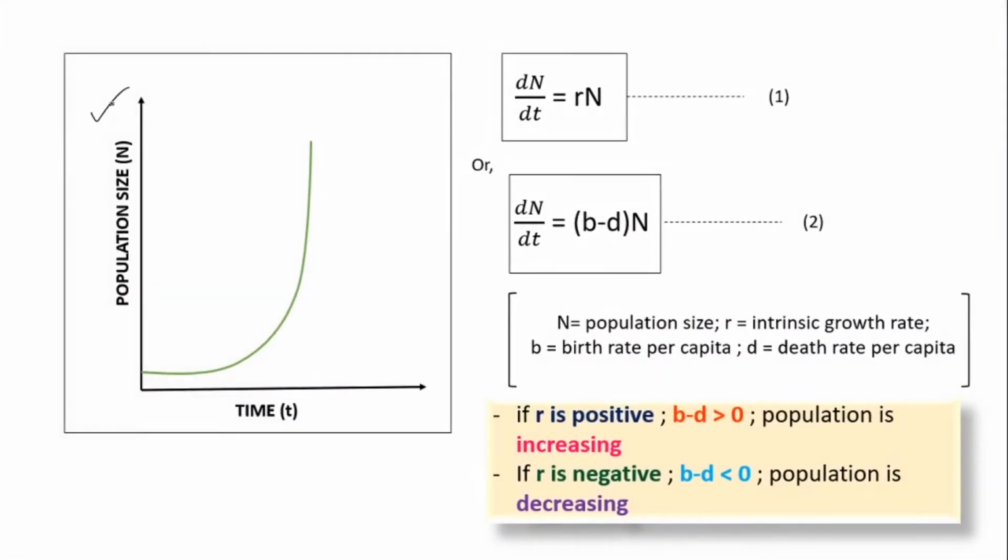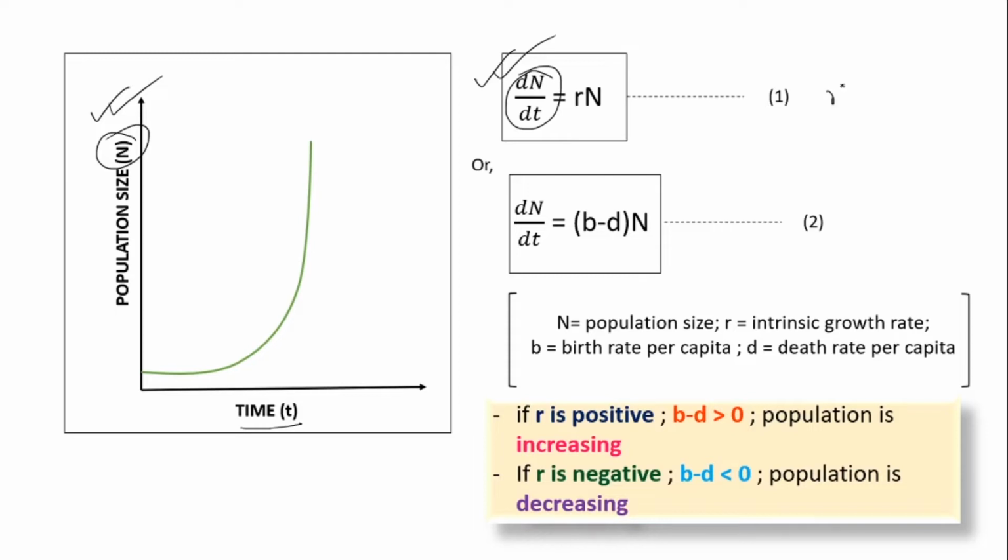So this is the exponential growth curve. You can see the population size, denoted as N, on the y-axis, while t, the time, is on the x-axis, and we will obtain a J-shaped growth curve. The formula of this kind of growth is dN/dt equals rN. dN/dt is the change of the population over time, which is the product of the intrinsic rate of increase and the population size.